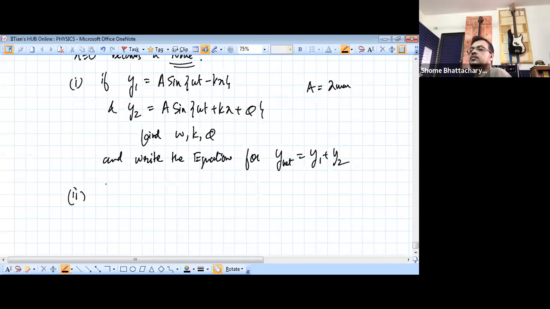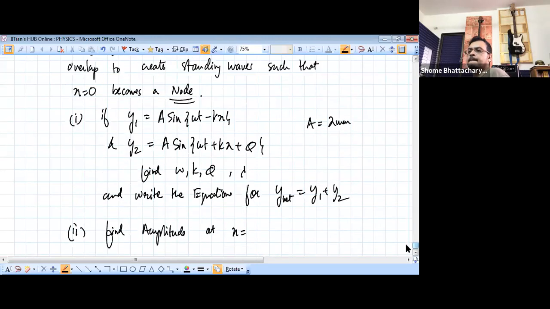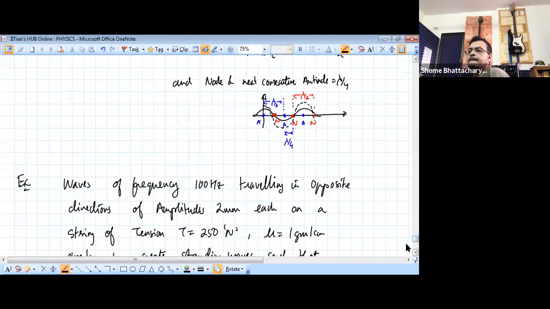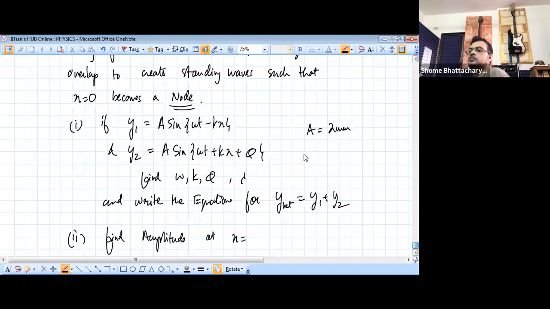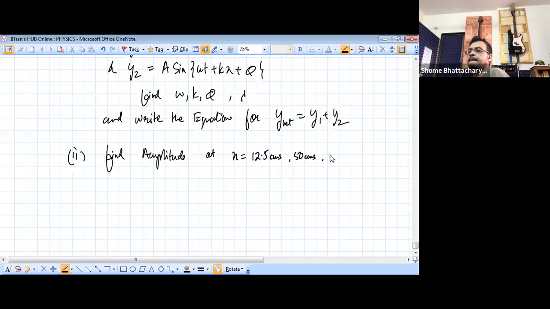Secondly, find the amplitude at these three positions.